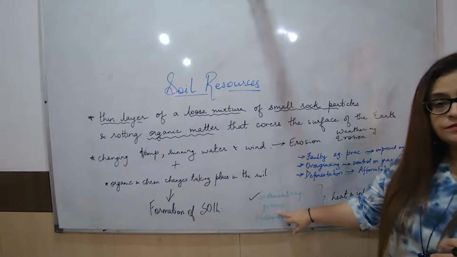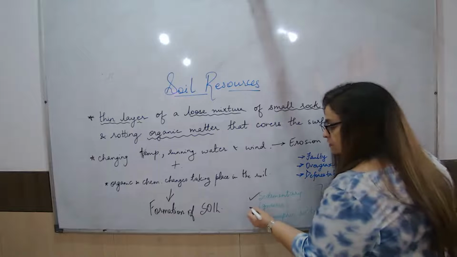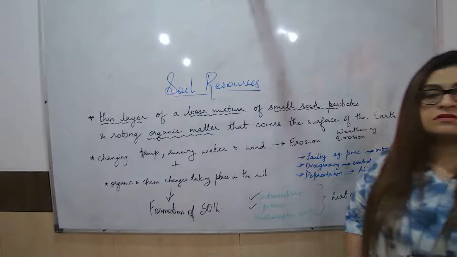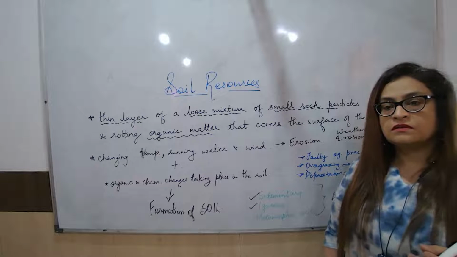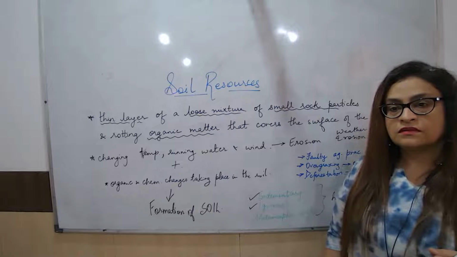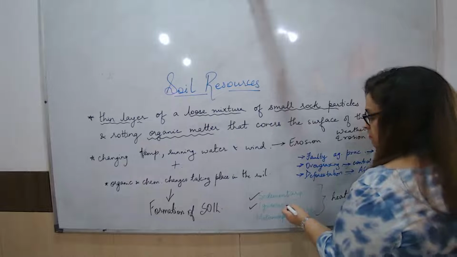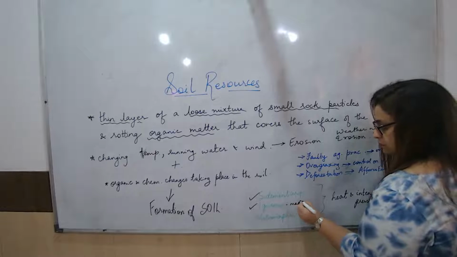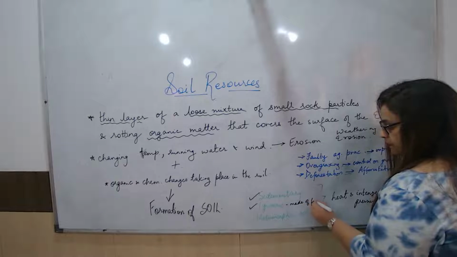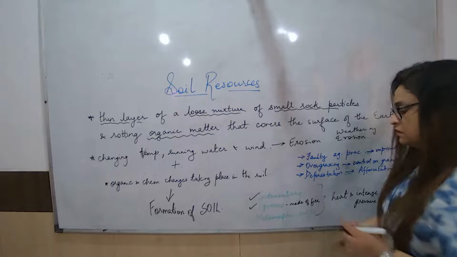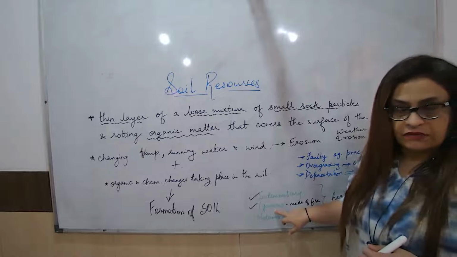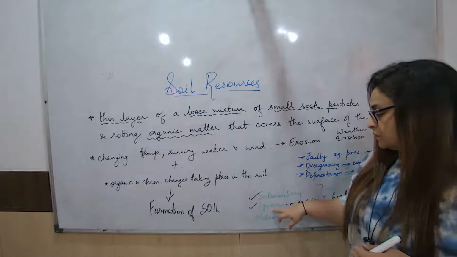Igneous is what? What are igneous rocks? Igneous rocks are formed because of cooling of the lava. Yes. Igneous means made of fire. Made of fire. Where will fire come from? From the magma lava. What is lava?